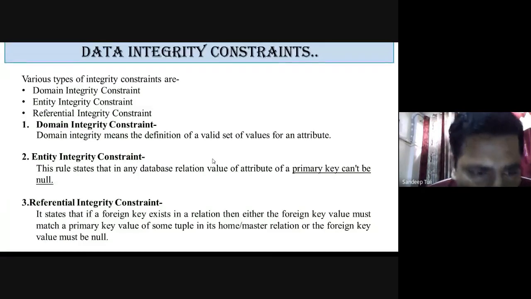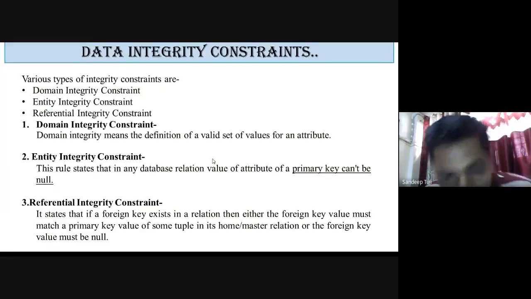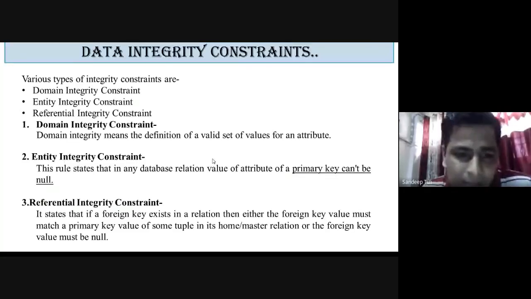Similarly, if I am talking about the percentage of marks, say percentage is an attribute in my table, then percentage should also not be negative, and it should not be more than 100. So what does domain integrity mean? The attribute's values must belong to a specific domain. Suppose I am talking about sex, it should be either male or female only. That's it. This is the domain for that particular attribute.